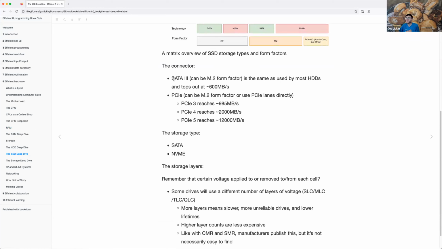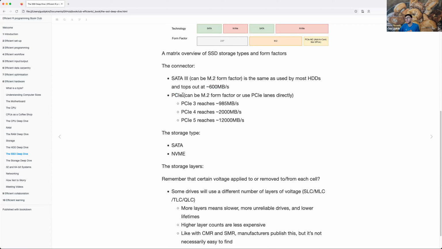So the connector can be SATA 3 nowadays, but again, you can also have an M.2 form factor, and this regular one is what's used by most hard drives nowadays and tops out around 600 megabytes per second. And so if we remember our hard drive speeds, that's considerably faster than a single hard drive.